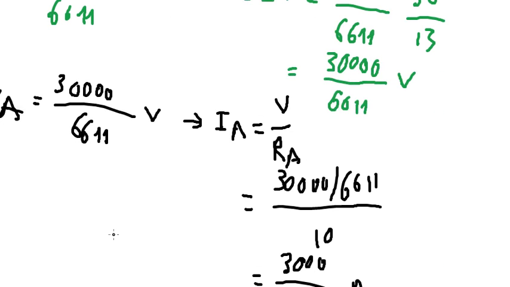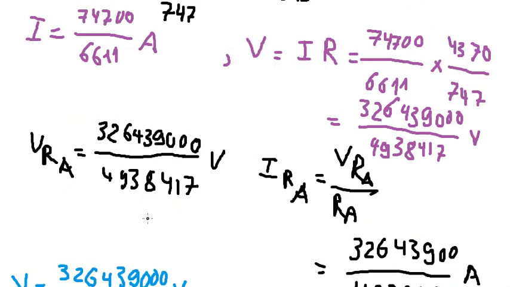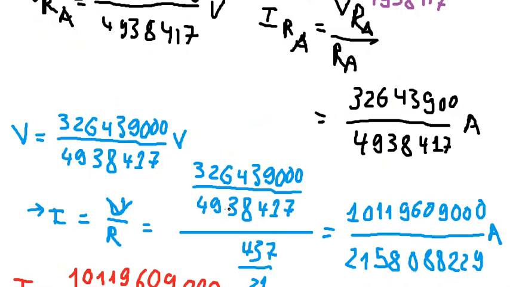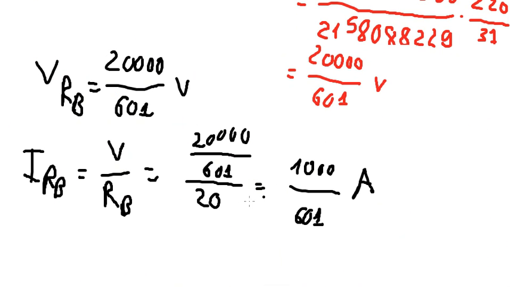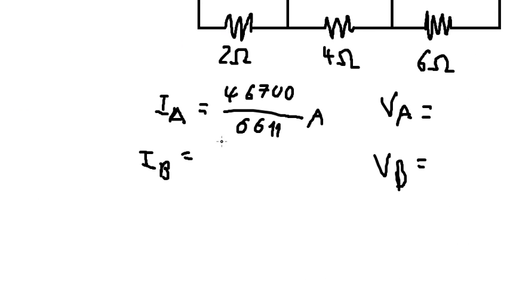Now we go to IB. IB, we have this number in here. Combine this number in here. That is this one. So we have 1550 over 601.